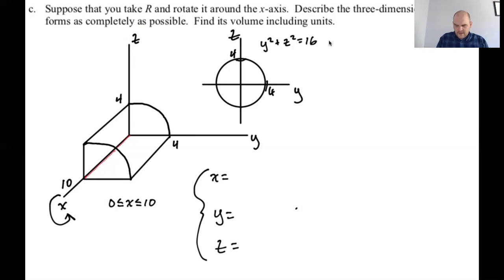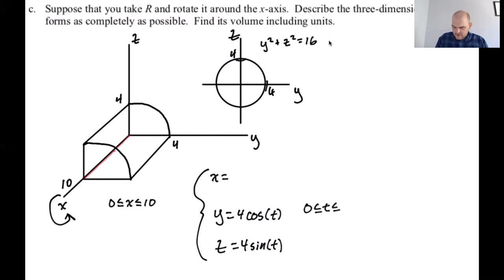Okay, so I'm going to deal with the circle first. So y is 4 cosine of t, and z is going to be 4 sine of t.